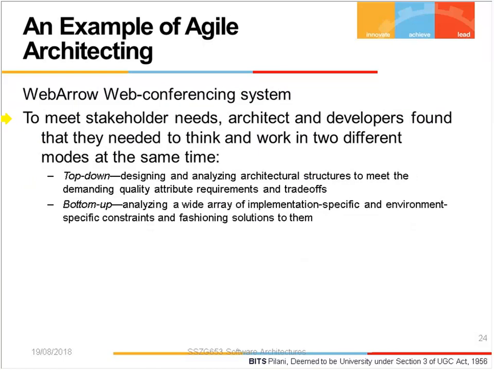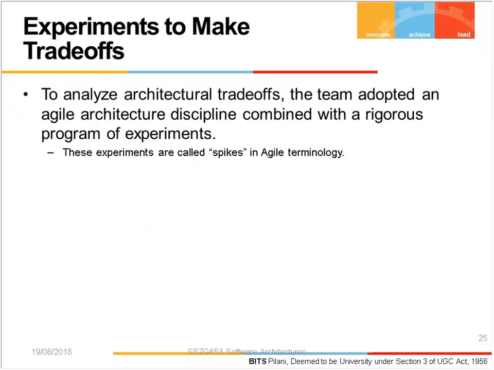Like in everything else, we have a top-down and a bottom-up approach. We can take these approaches to develop the architecture. Trade-offs, we'll be discussing a lot of trade-offs. In Agile, you do experiments which are called spikes. In architectural trade-off methods, we'll be trading off between various quality attributes.